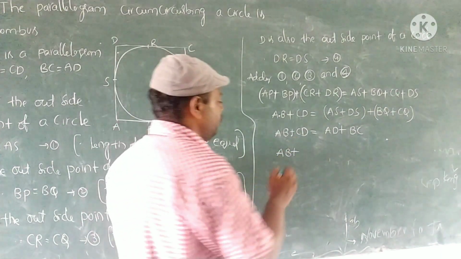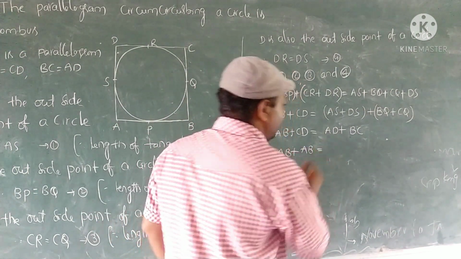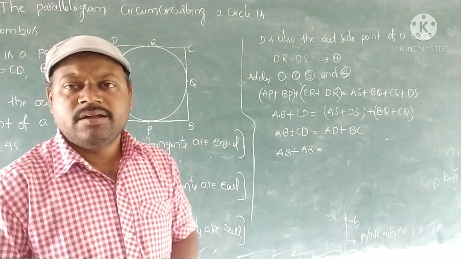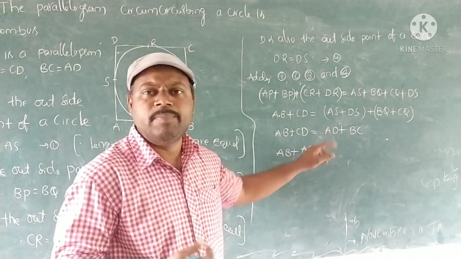So AB equals CD, and in AB plus CD we can substitute AB in place of CD, because opposite sides are equal. And AD is replaced by BC.